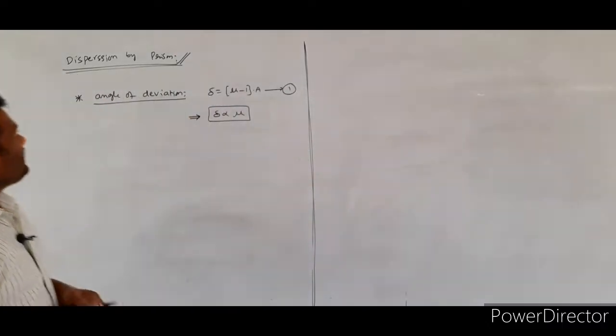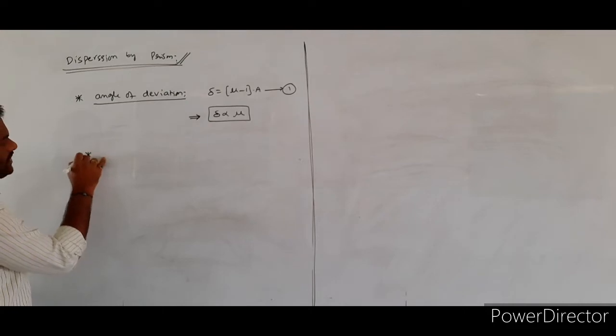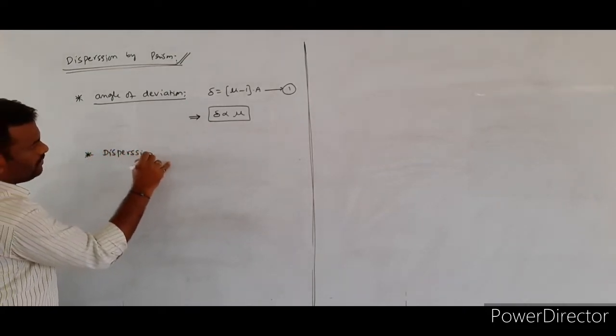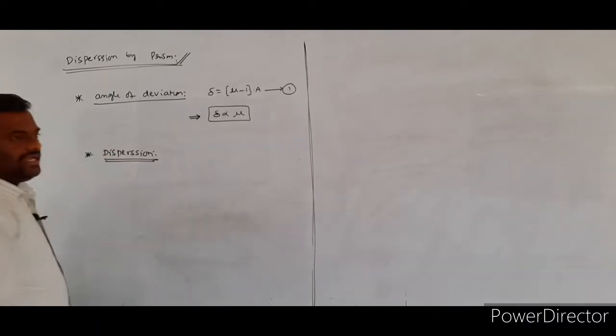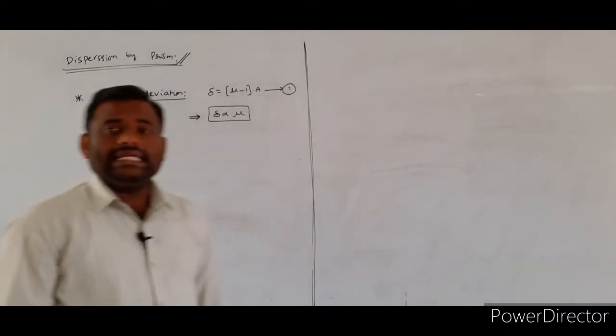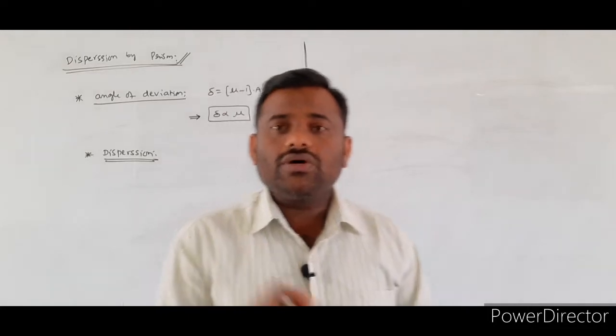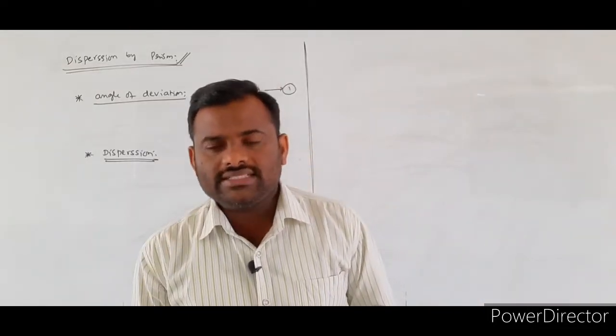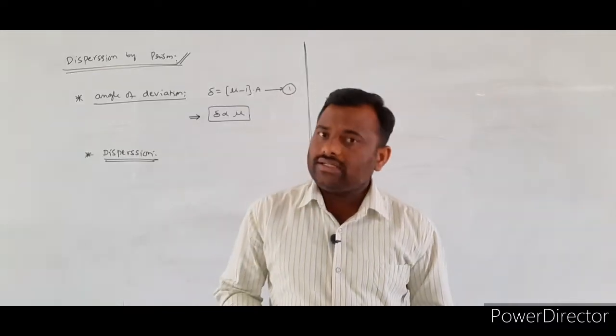Now we will see the definition of the dispersion of the prism. How can we define the dispersion of light? In general we have a light that we call white light.